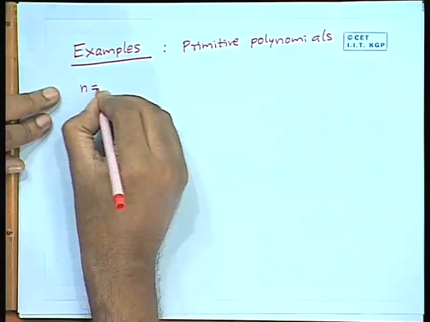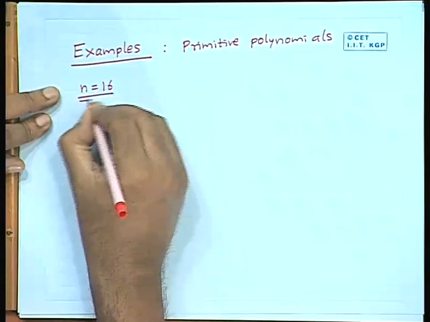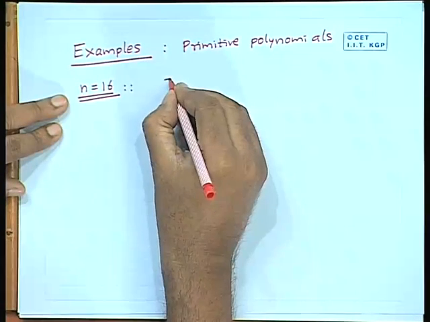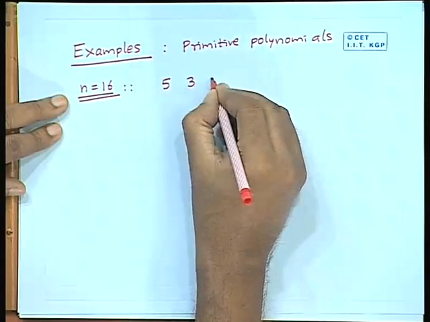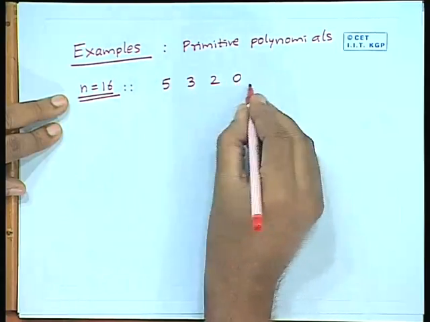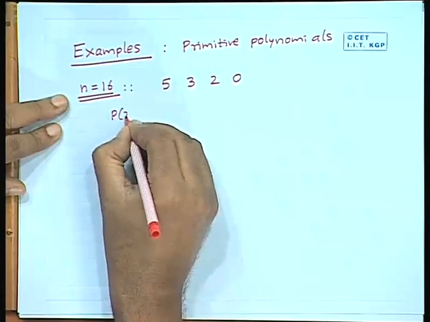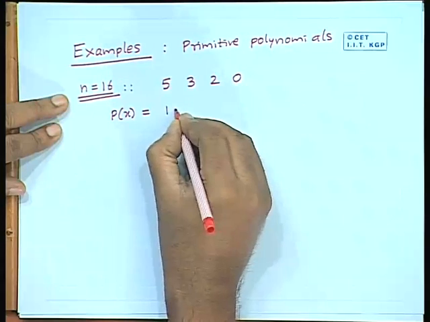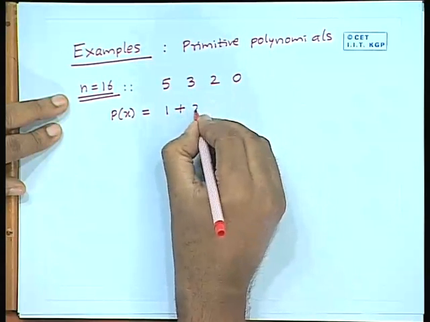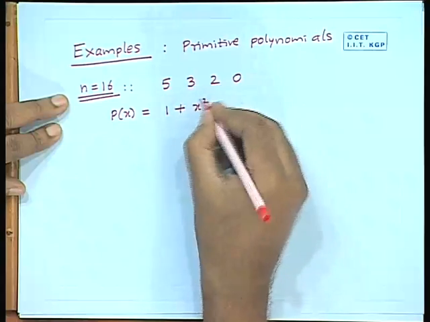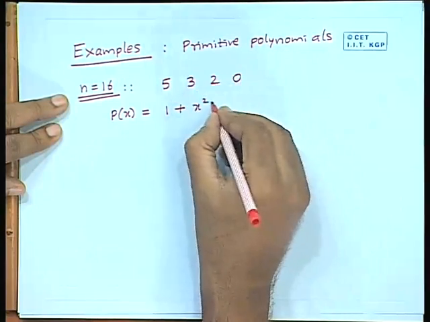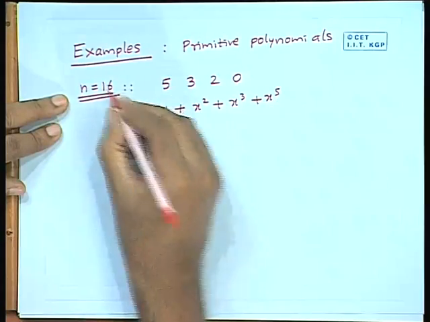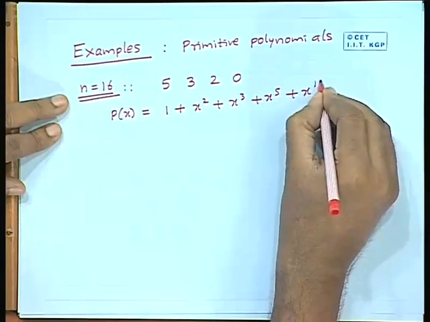Suppose n equal to 16, you have a 16 stage LFSR. Now, in the book you will find it says that the primitive polynomial is 5, 3, 2, 0. This actually means that the characteristic polynomial is x to the power 0, x square, x cube, x5, and of course the last one will be there, x16 is implied.